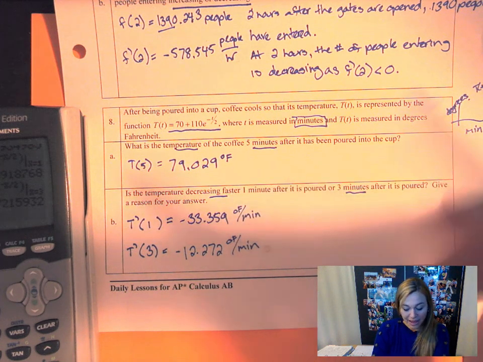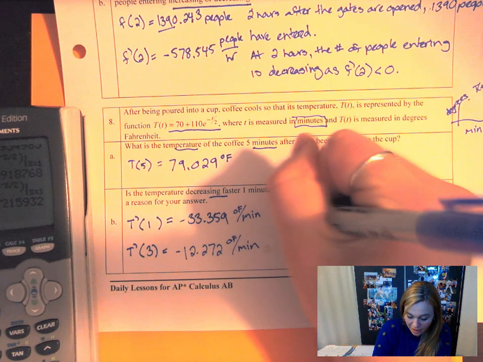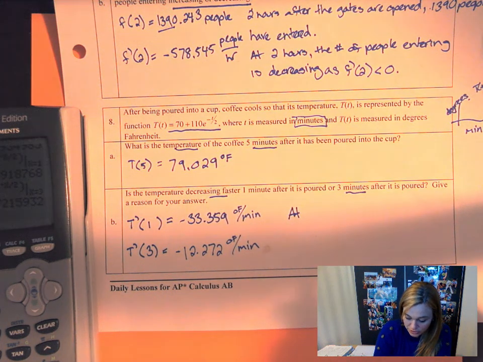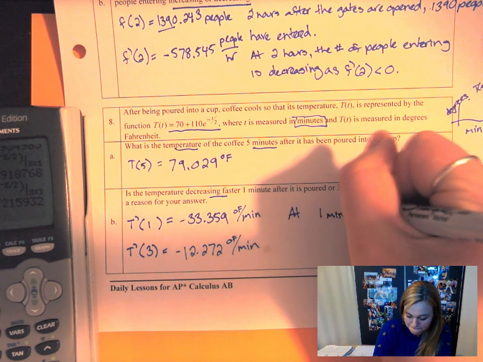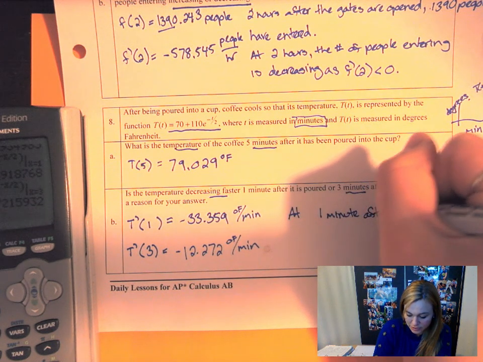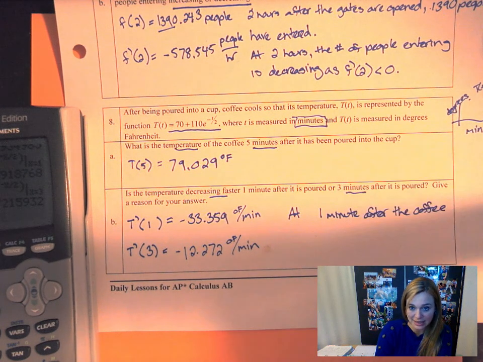So if we're talking about a rate, I can see that at 1 minute it is cooling faster. But what you can't do is just say that; I can say at 1 minute after the coffee is poured, I'm going to do the first part correctly, and then the second part I'm going to need to add something.